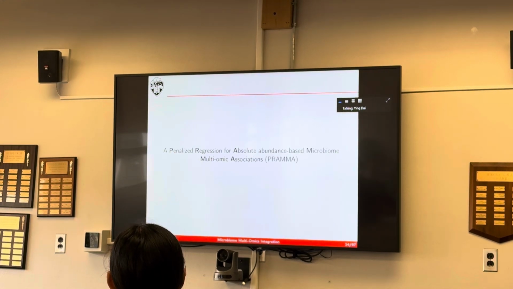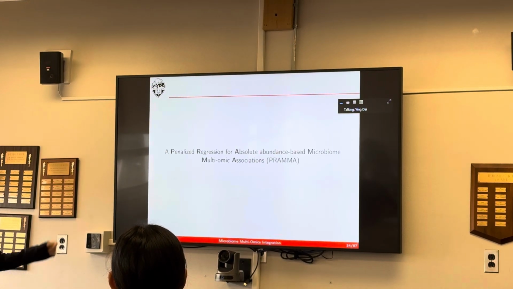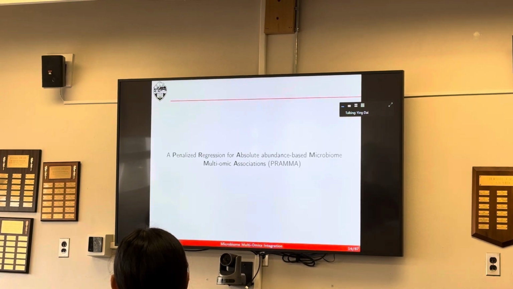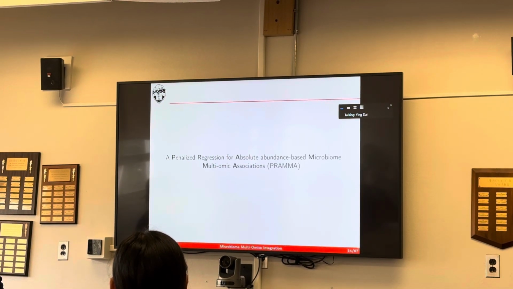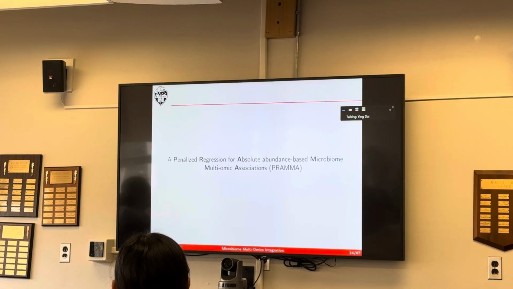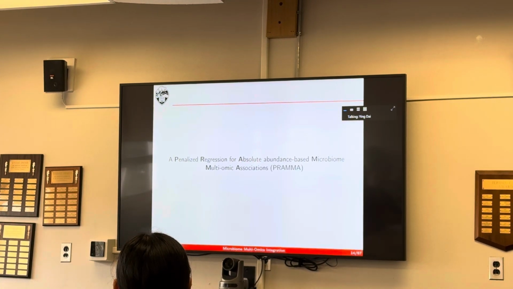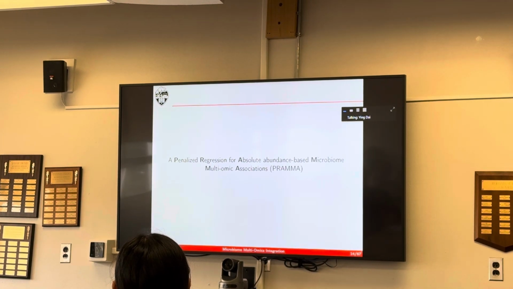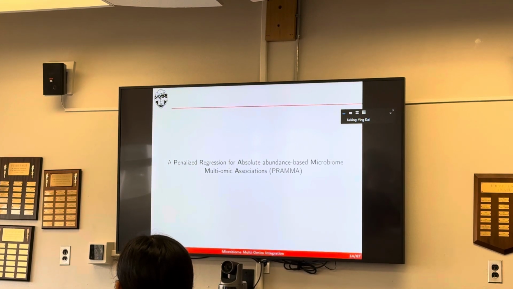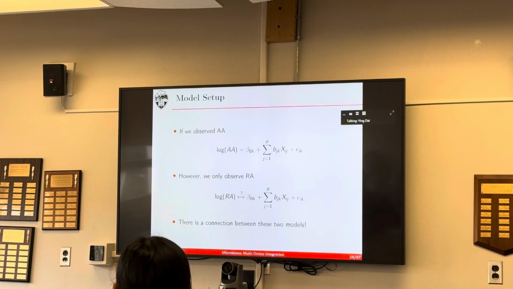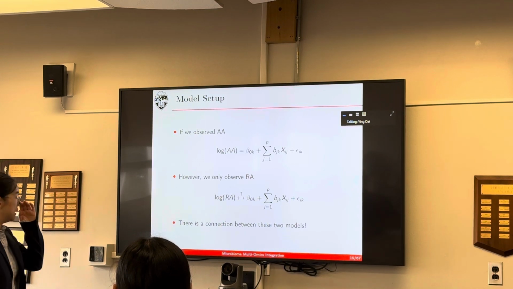So the first project we did is a penalized regression for absolute abundance-based microbiome multi-omics associations, and we call this model PREMA. For this presentation, we're going to mostly focus on the second project, but let's still touch base on it.